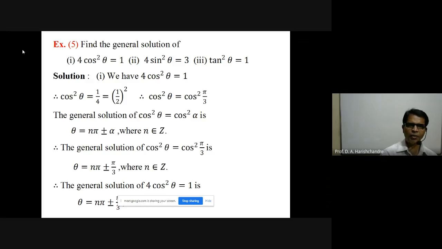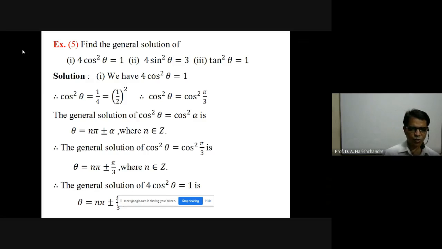Now this trigonometric equation matches the standard form cos square theta is equal to cos square alpha. From the previous article, we well know that the solution of such a trigonometric equation is given by the formula theta is equal to n pi plus or minus alpha, where n belongs to z. In this formula, you only have to replace alpha by pi by 3, so that you are getting the solution of the above equation.